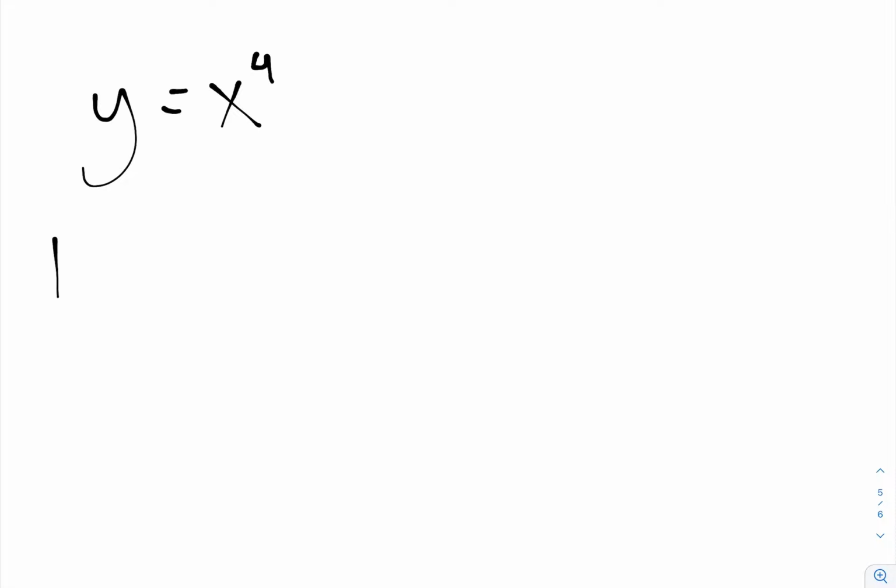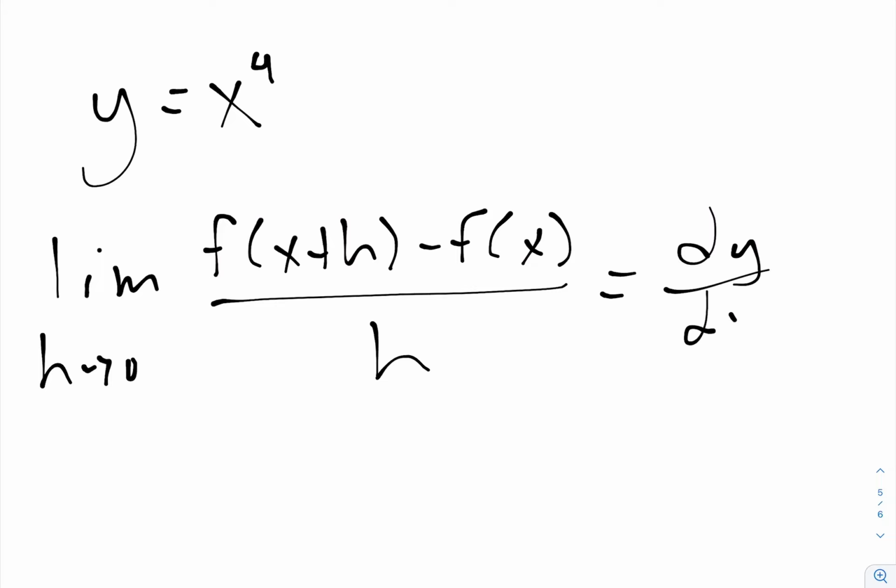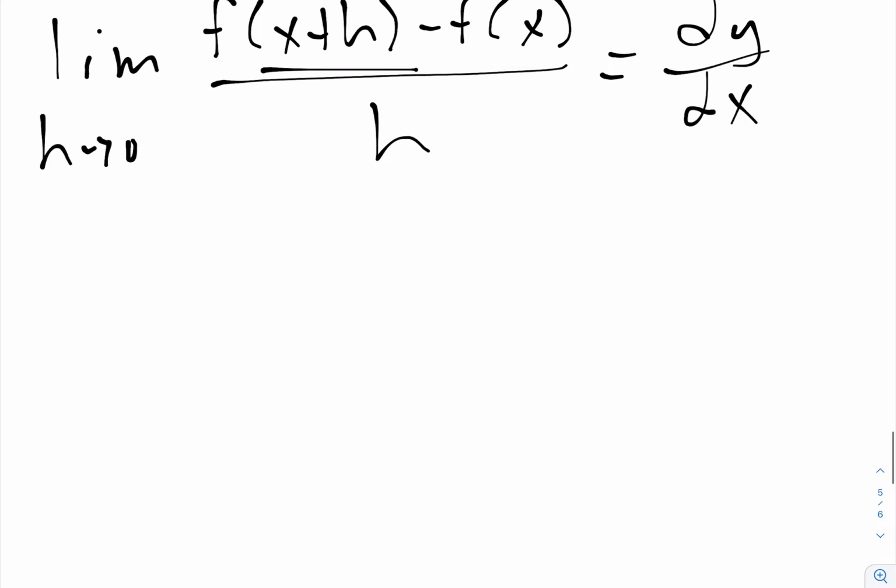Well, we know that the limit as h approaches 0 of f of x plus h minus f of x over h, that's going to give us our dy by dx, right? So everywhere we see x, we're going to write x plus h for our f of x plus h.